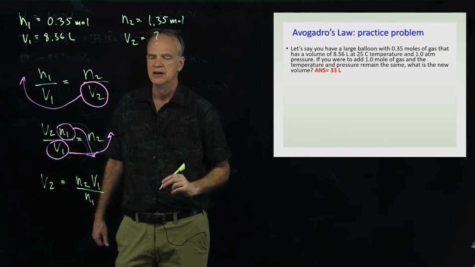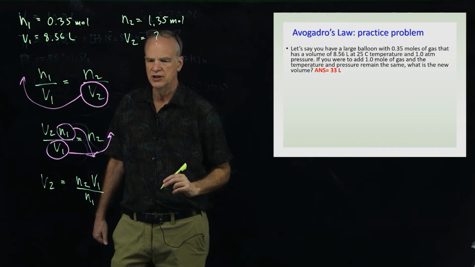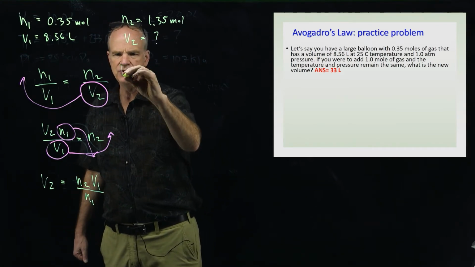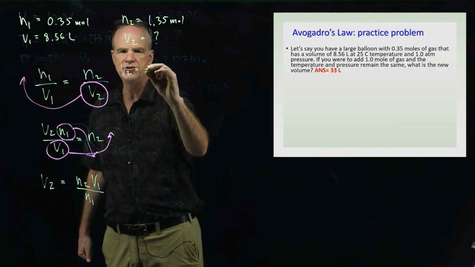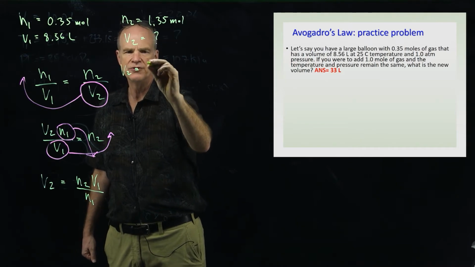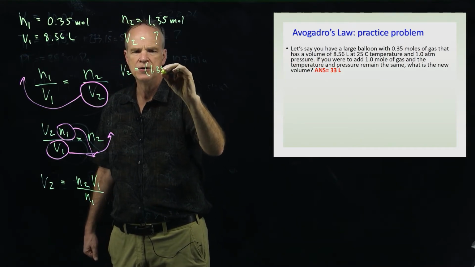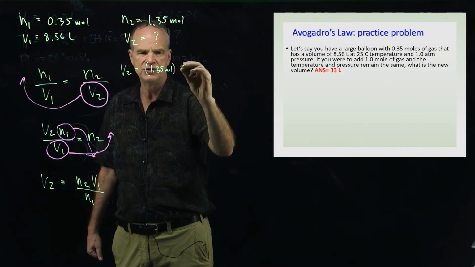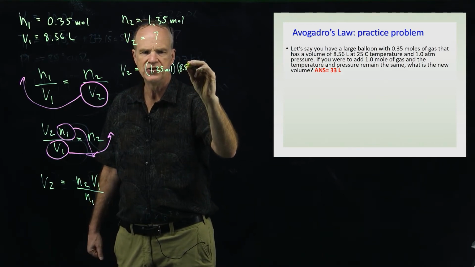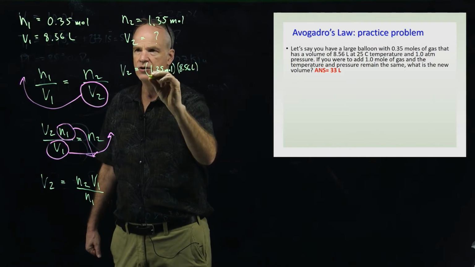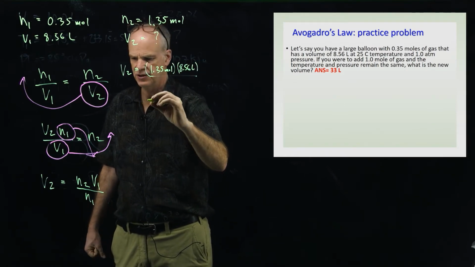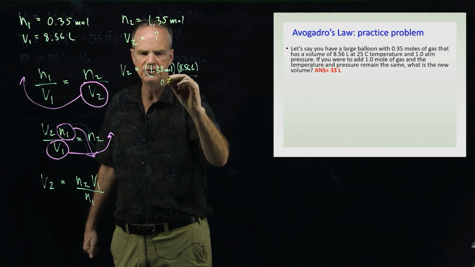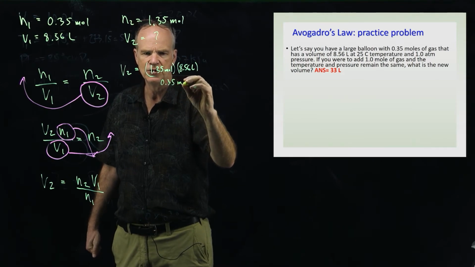And so what we can do is go ahead and plug in numbers. And so V2 is equal to N2, which is 1.35 mole, times V1, which is 8.56 liters, over N1, which is 0.35 mole.